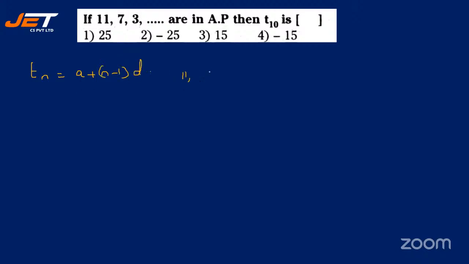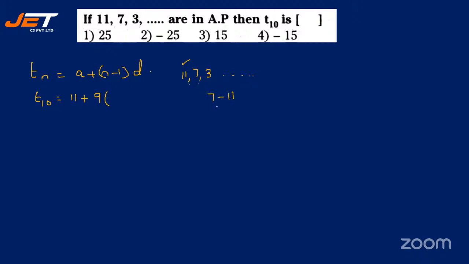Here you have 11, 7, 3 and so on. The first term is A. Now we are supposed to find T10. So 10 minus 1 is 9, into what is d? In arithmetic progression, d is the common difference. This is T1, T2, T3.